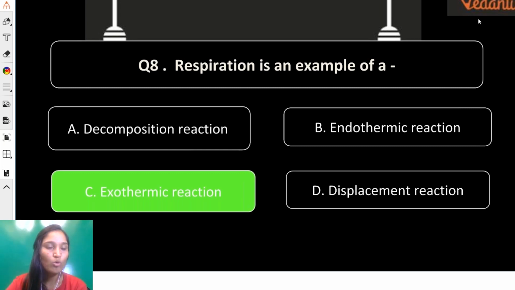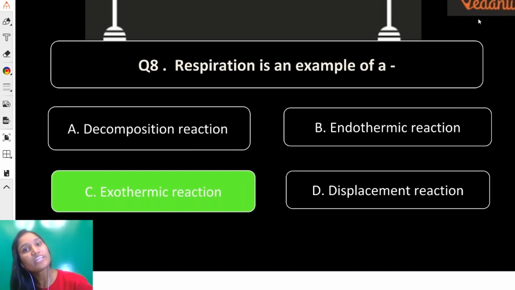What is the example of both exo and endo? There is no example of both exo and endo simultaneously, but I'll tell you why there is no such example. There are some reactions in which energy is given and taken. For example, if you want to burn a paper, would it burn as it is? You have to make it reach its ignition temperature, right? So you'll initially light a matchstick and let it burn. That means you're giving energy to it, correct?